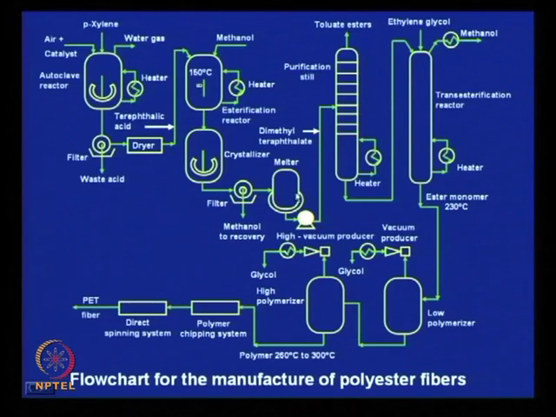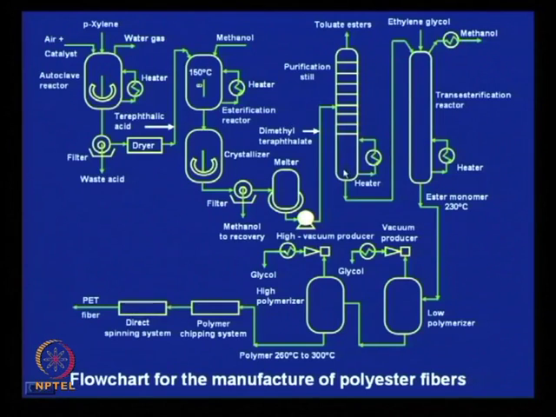Then it passes through a melter where DMT is melted, then it is pumped. Molten DMT is pumped for purification, because it may contain some trapped methanol and similar impurities, and if those are not removed, that may affect the polymer molecular weight.